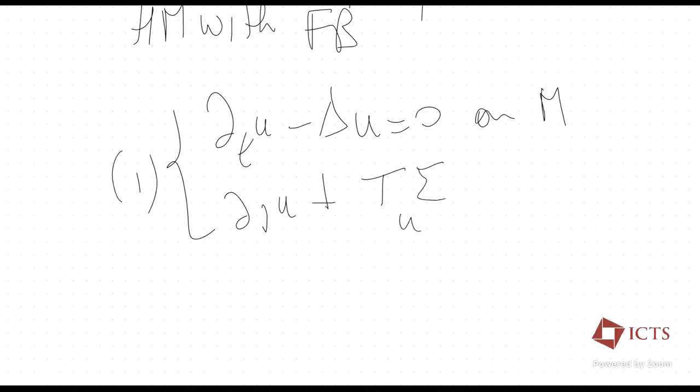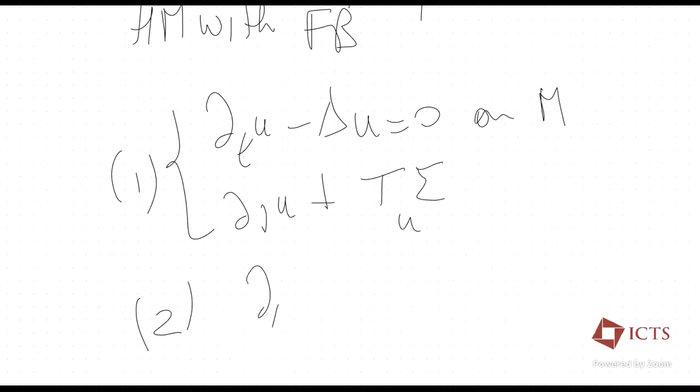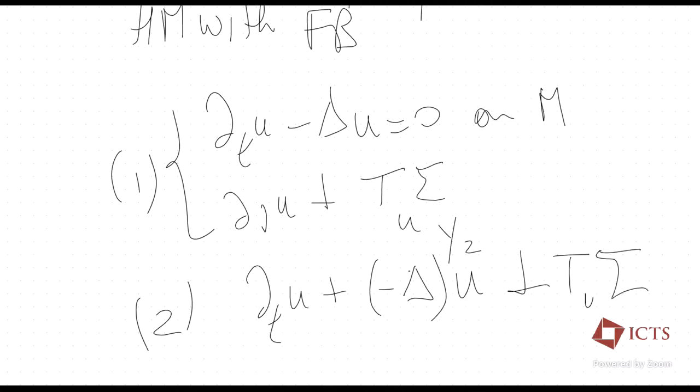Okay? But there is another one. Instead of flowing with a nonlinear Neumann boundary condition, let's flow directly on the boundary, right? So the other flow would be dtu plus, but then on the boundary, you don't flow the Laplacian, you flow the half Laplacian. And you want to flow this equation, right?